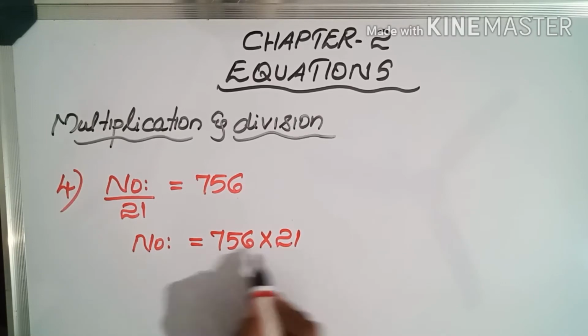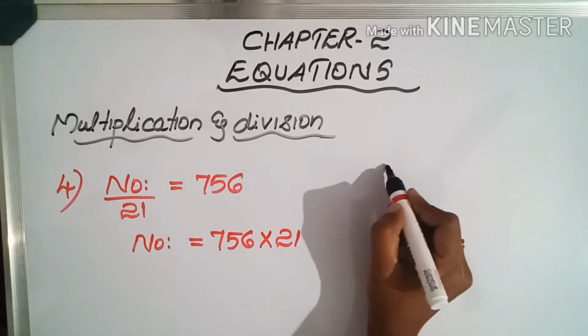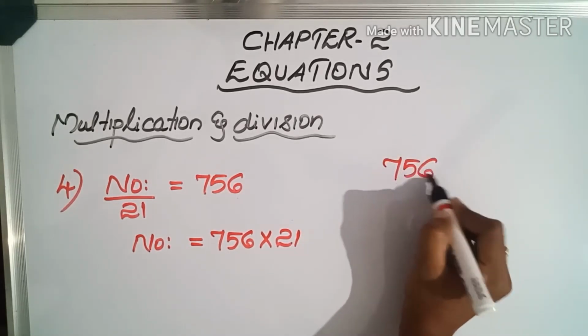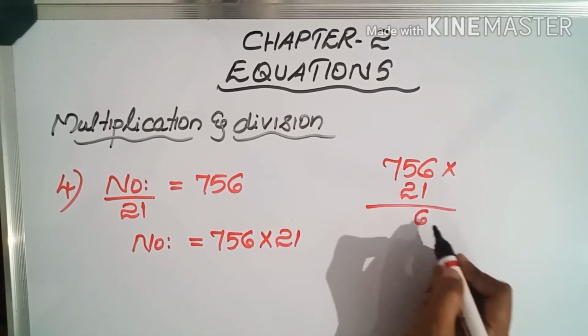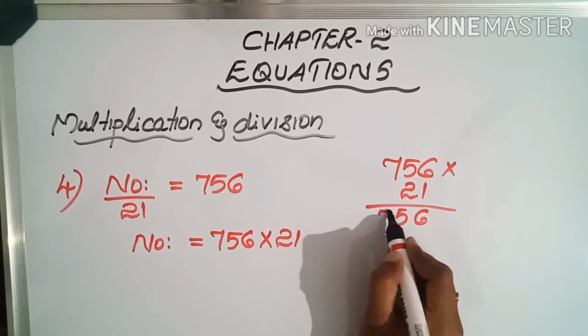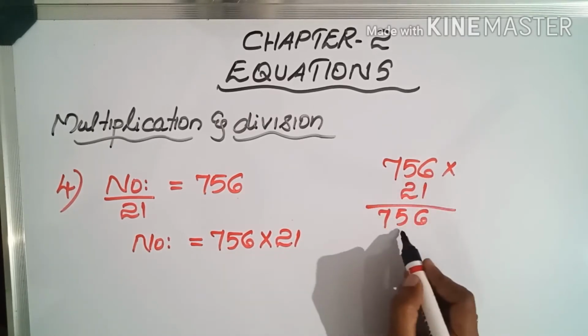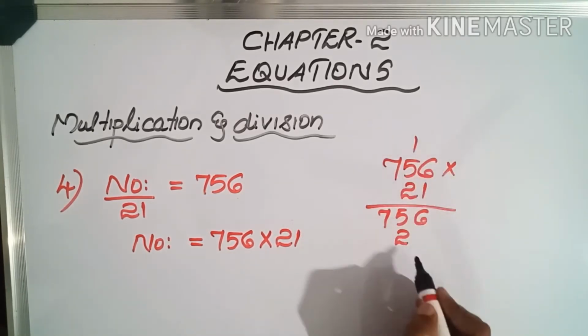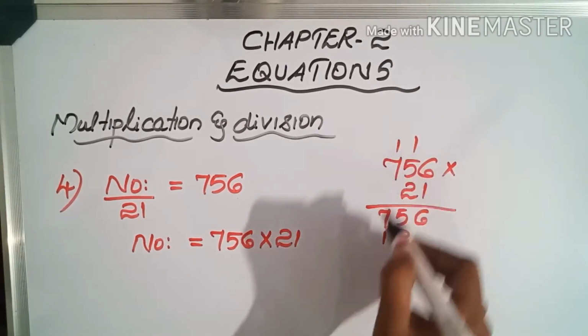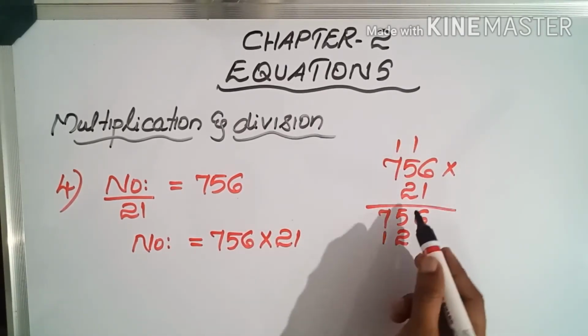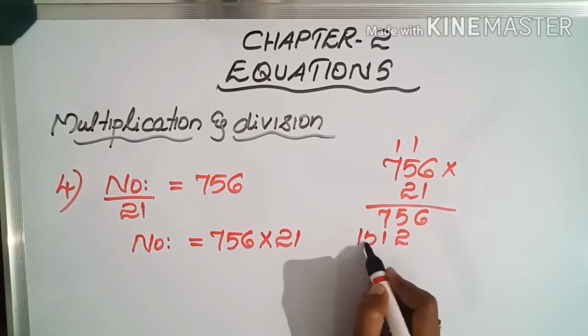Now we need to multiply this 756 into 21. 756 into 21. 1 6 are 6, 1 5 are 5, 1 7 are 7, 6 2s are 12, 1 balance, 5 2s are 10, 10 plus 1, 11, 1 balance, again 1, 7 2s are 14, 14 plus 1, 15.